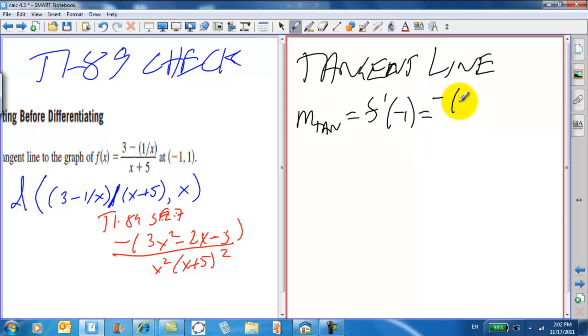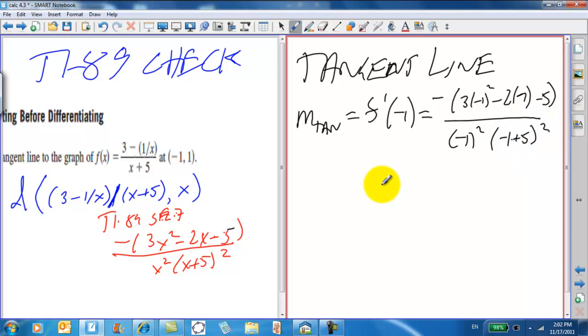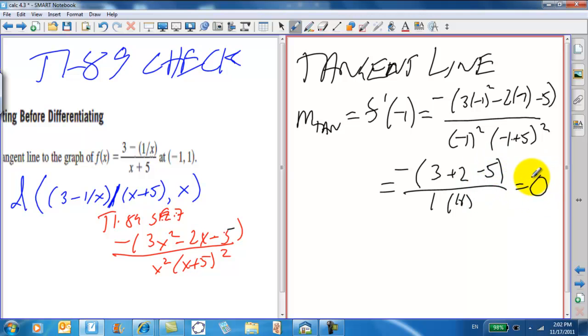So it's negative 3 times negative 1 squared minus 2 times negative 1 minus 5 all over negative 1 squared times negative 1 plus 5 squared. So that's negative 3 plus 2 minus 5 all over 1 times 16, which works out to be 0. So we get the slope of the tangent line equals 0.